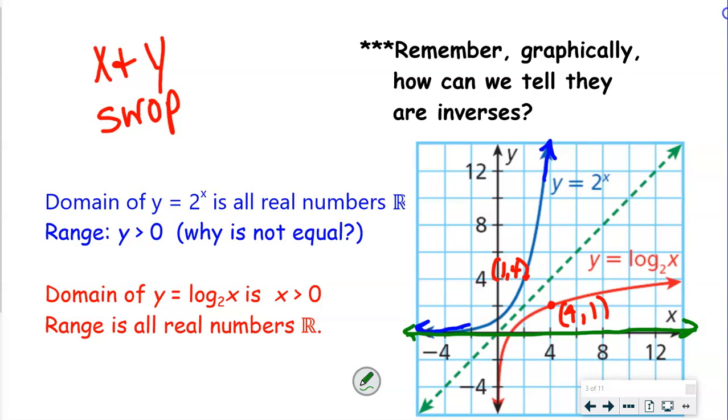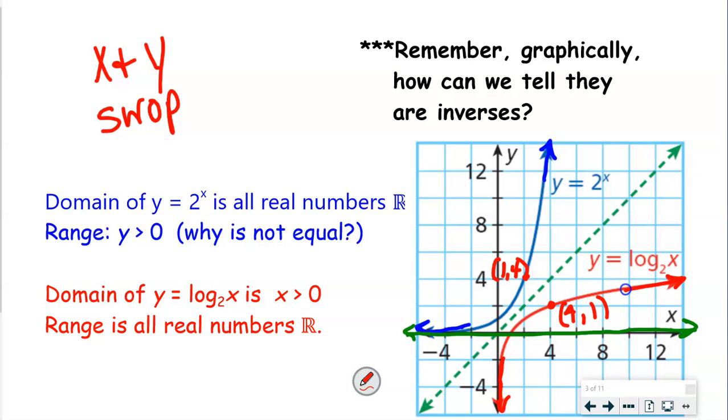So now, when we're talking about the inverse of y is equal to 2 to the x power, that is the function y is equal to log base 2 of x. So again, we're talking about the red graph now, and notice that this one is going to continue to go up and up and up, and it's going to continue to go down and down and down.